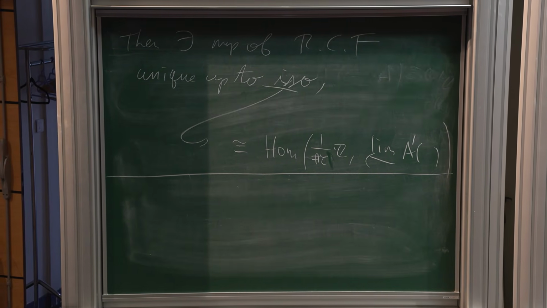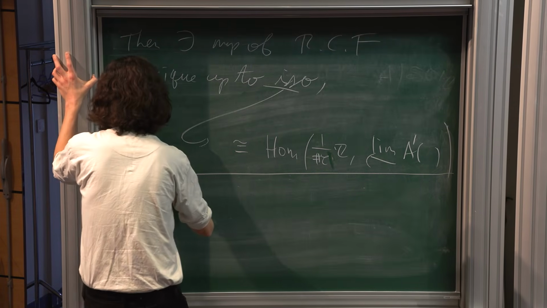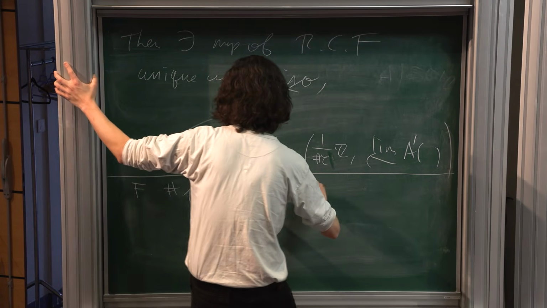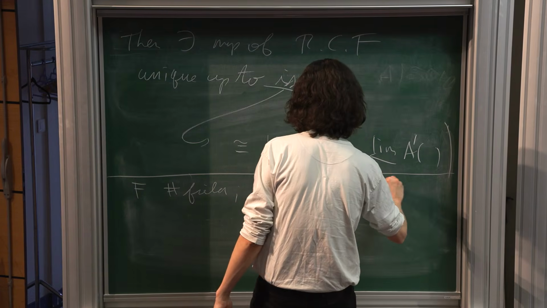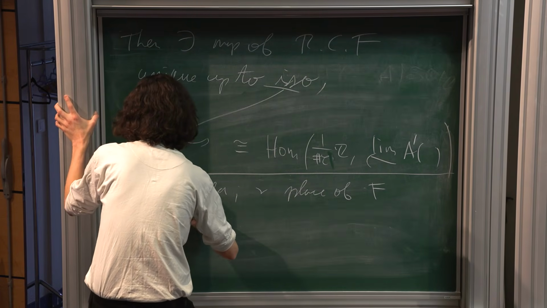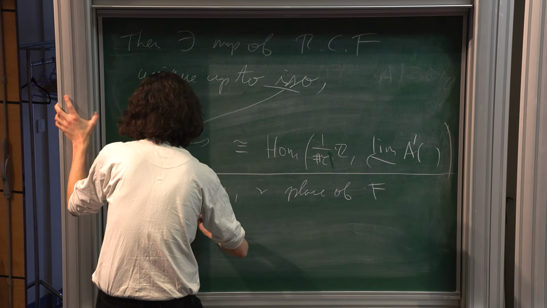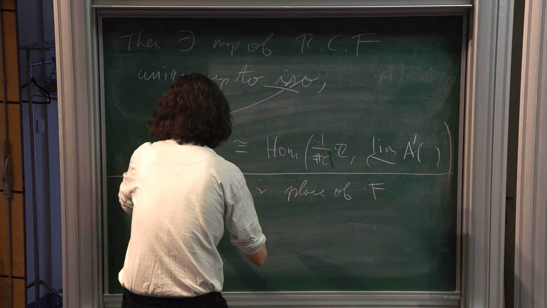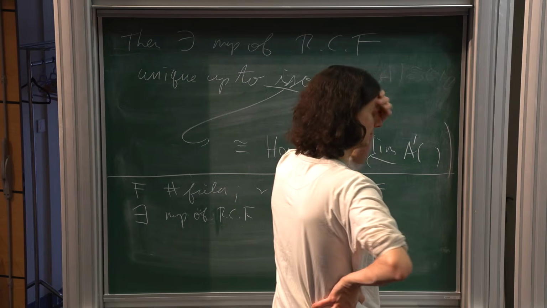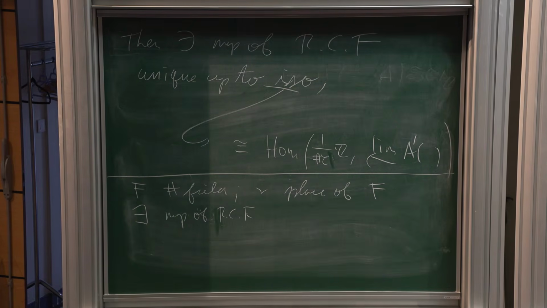But the upshot is that if F is a number field and V is a place of F, then there exists a map of refined class formations. Wait, just a second. Did I say unique up to isomorphism?